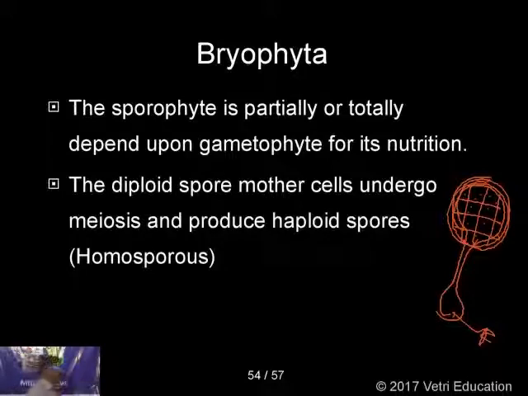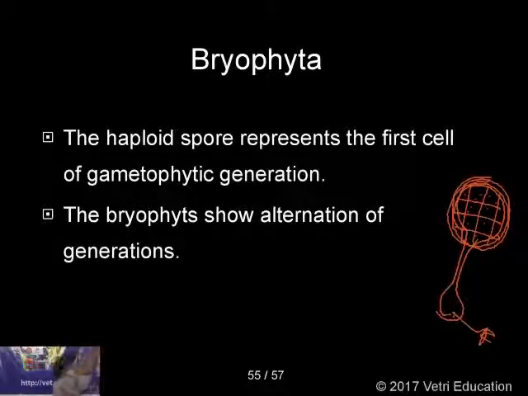Another important thing you have to remember: in Bryophyta, all the spores are of the same size and structure, so this is the homosporous condition. Whereas in Pteridophyta, you can find both homosporous and heterosporous. But as far as Bryophyta is concerned, here you can find the homosporous condition. The haploid spore represents the first cell of the gametophytic generation.